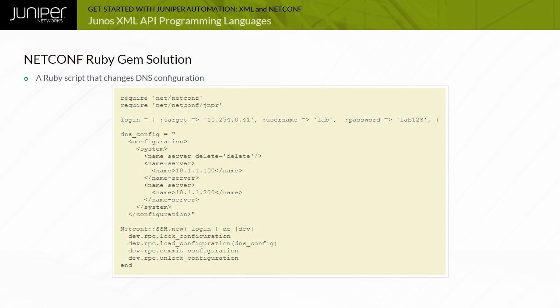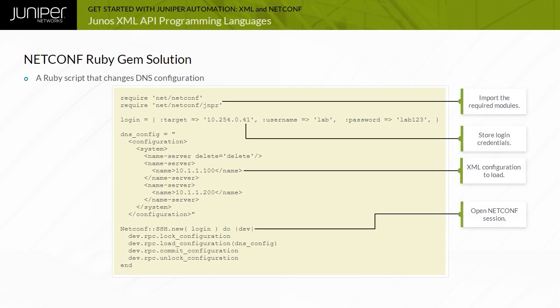The final part of the task, provisioning DNS server configuration, is performed using the example script shown. It is similar to the previous script. The two examples could actually be combined into one script, but the example uses two scripts for simplicity. One difference between the two scripts is the RPCs that are executed.